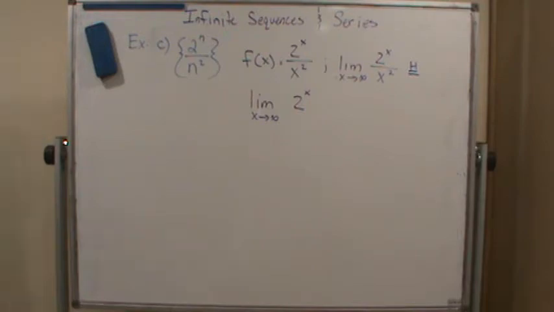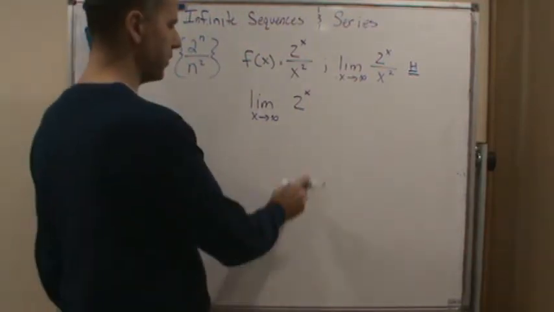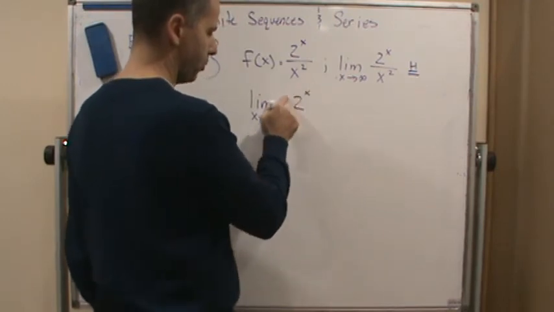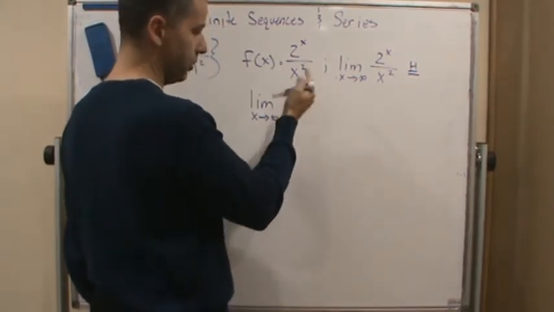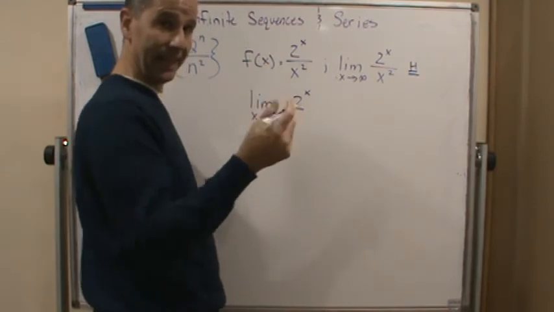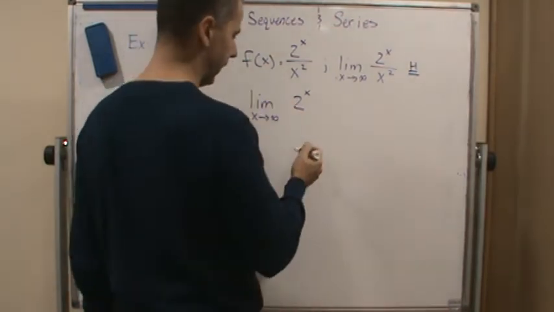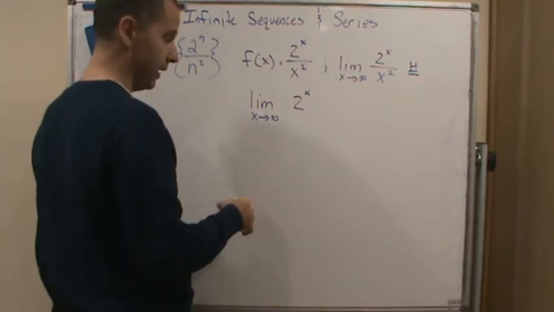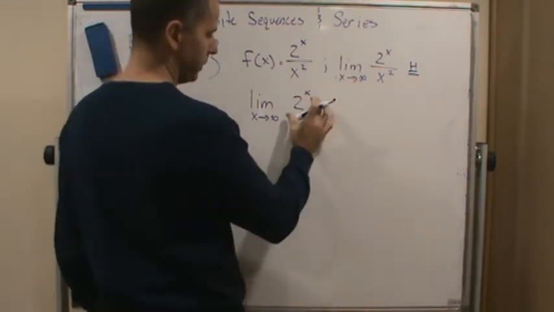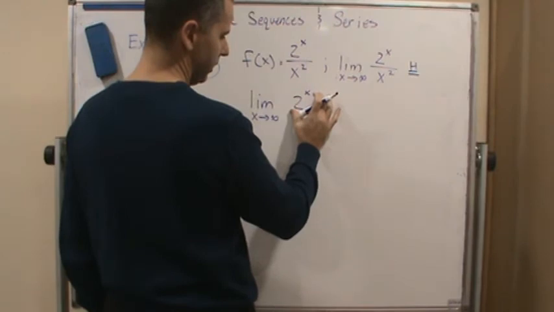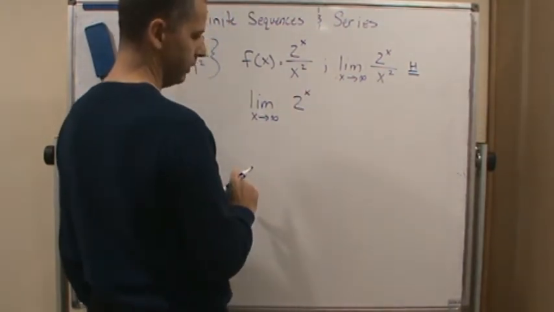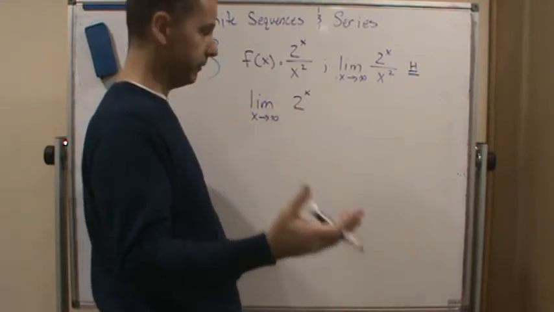Okay, so remember the general rule for exponentials. When you're taking the derivative of the exponential, it's the derivative of the outside, which is still 2 to the x. It's like e to the x. Think about e to the x, which is simpler than this, but you do the same thing. So it's e to the x times the derivative of the inside function, which in this case is just x, and the derivative of x is 1.